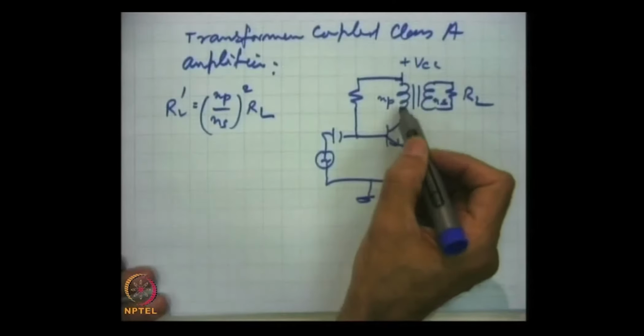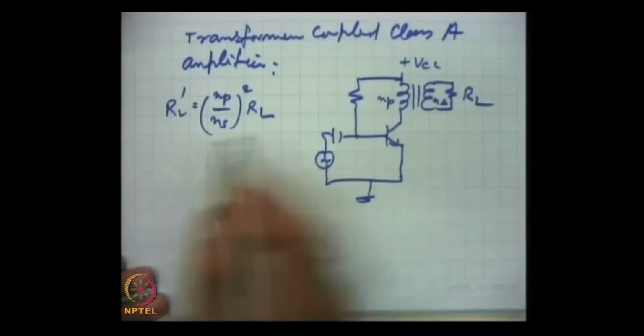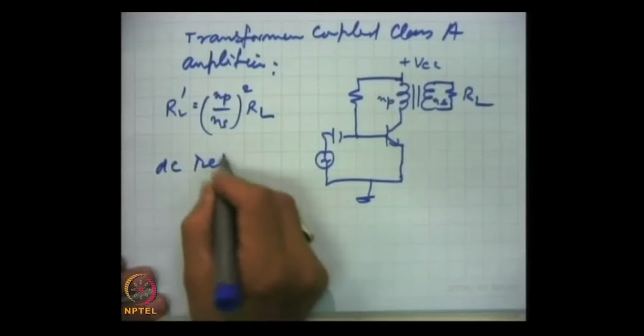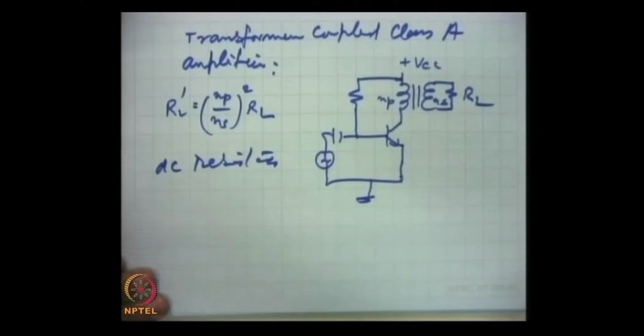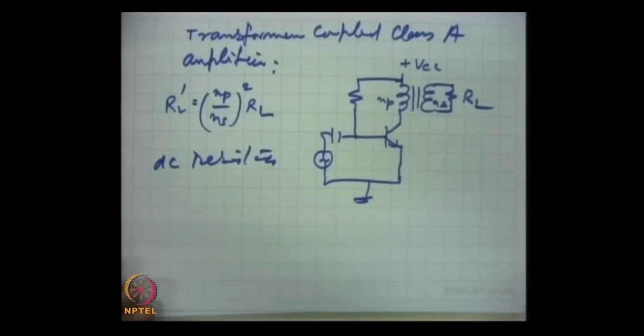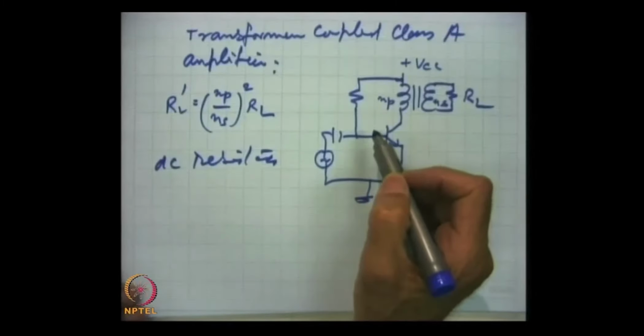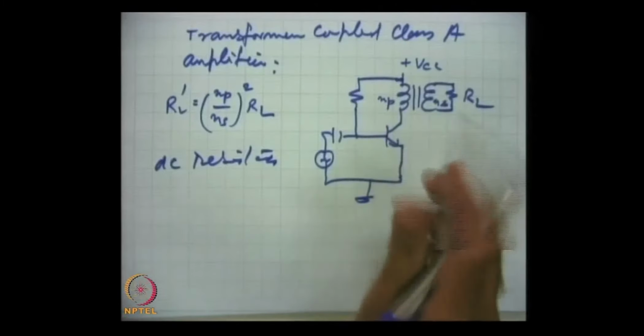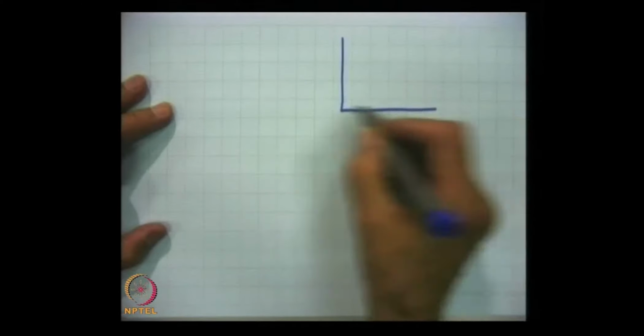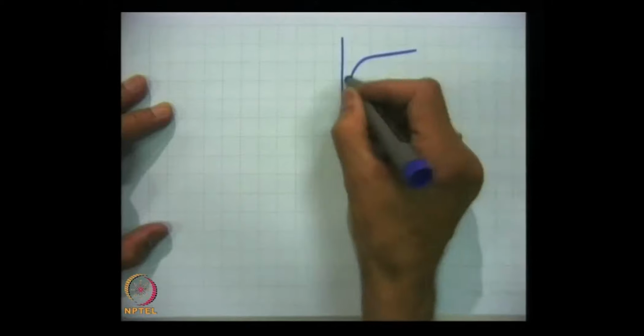The DC resistance of the primary is almost 0. So, the DC load line will be vertical. See here, these are the characteristics.